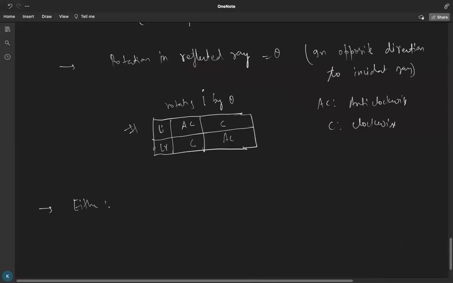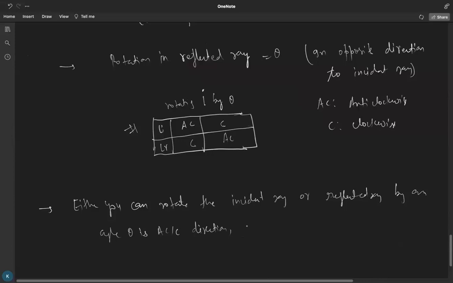Either you can rotate the incident ray or the reflected ray by an angle of theta in AC or C direction, and the other will get rotated in C or AC direction respectively.